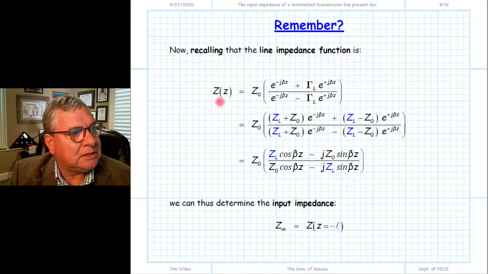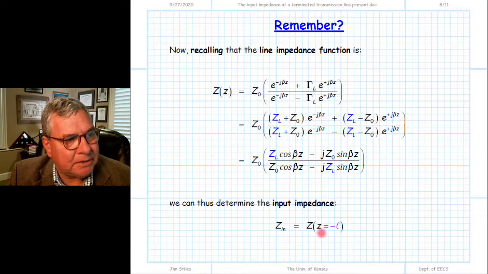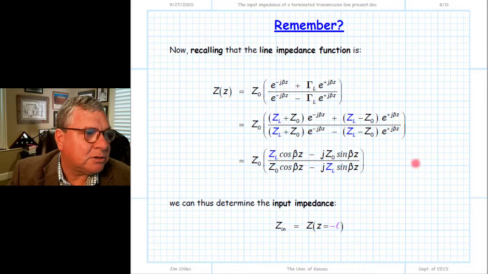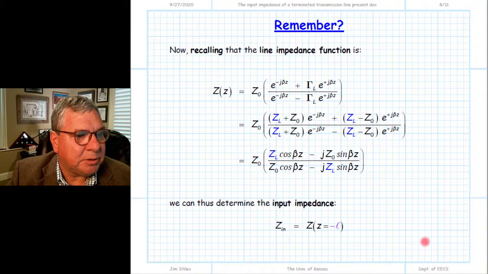What we want to do is take one and insert the value of position Z equal to minus L. And notice each of these is a function of position Z, and that shows up in the complex exponential or in the trig functions in the third of the expressions.